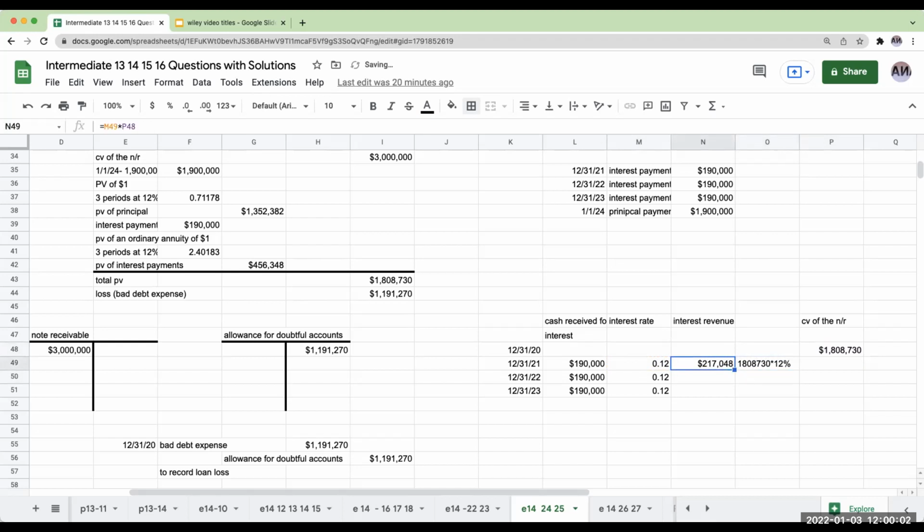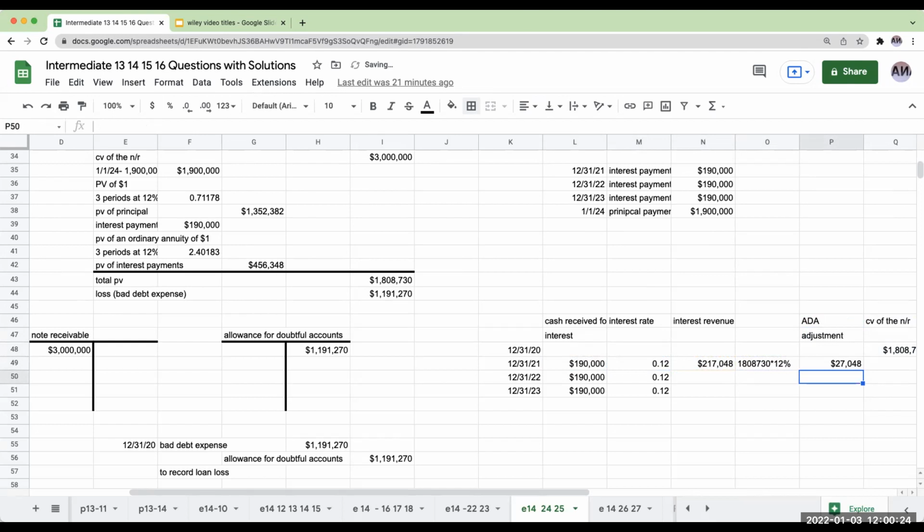So that's where that number is coming from. Now, the difference is going to be my allowance for doubtful accounts adjustment, and this is 27,048.